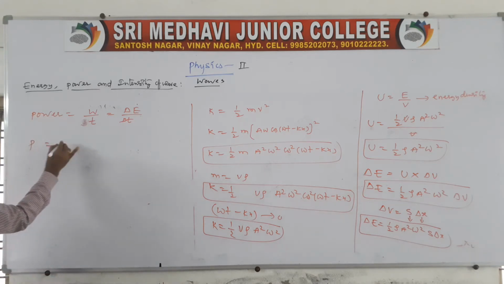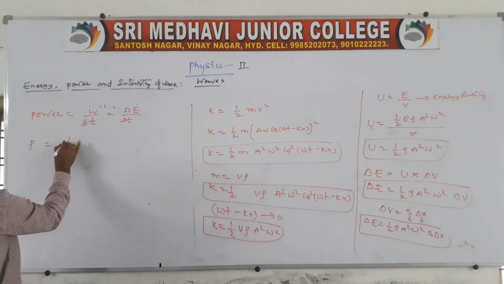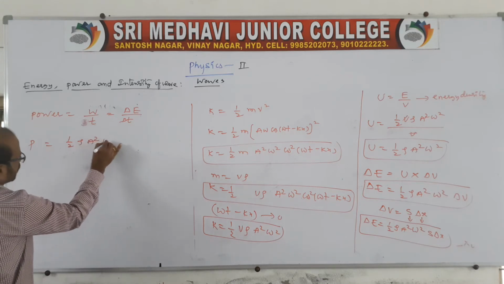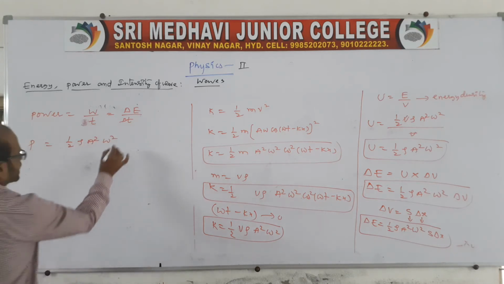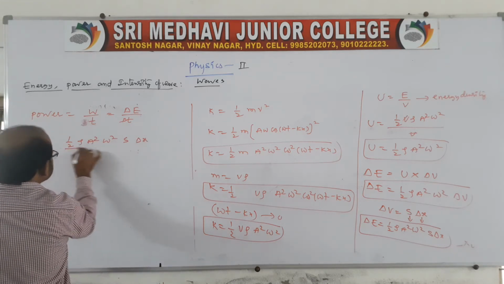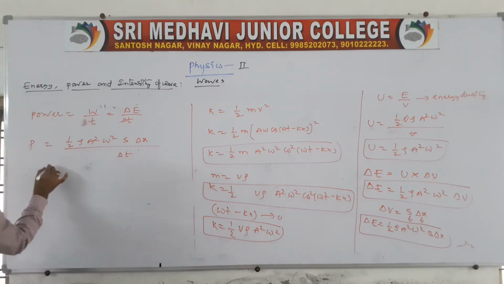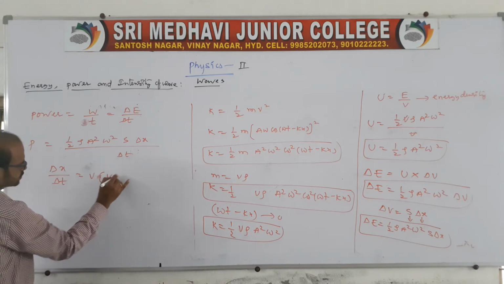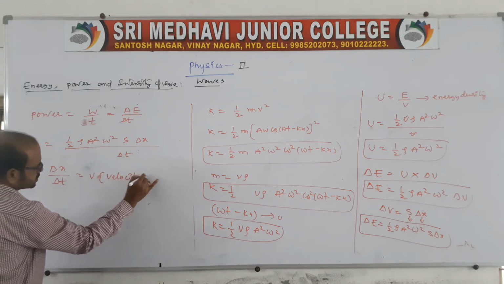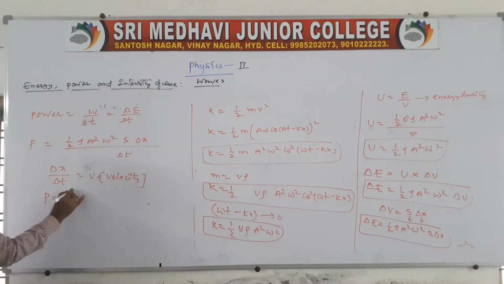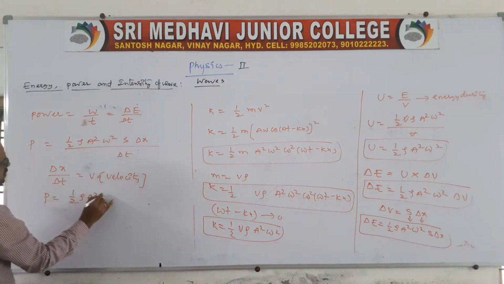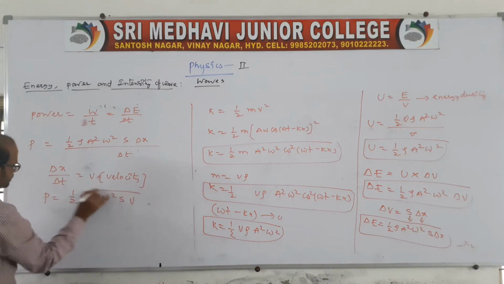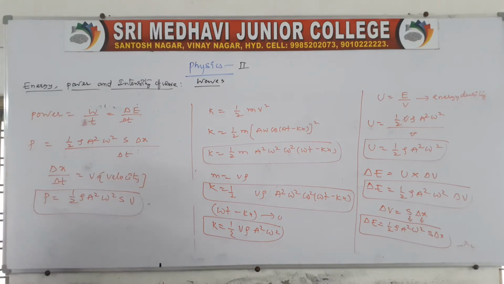So power is equal to delta E, that is 1 by 2 rho a square omega square S into delta x, by delta T. However, delta x by delta T is nothing but velocity. So power is equal to 1 by 2 rho a square omega square S into V. This is the power expression.